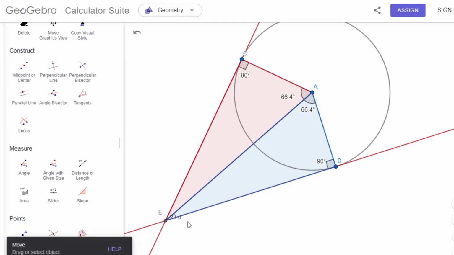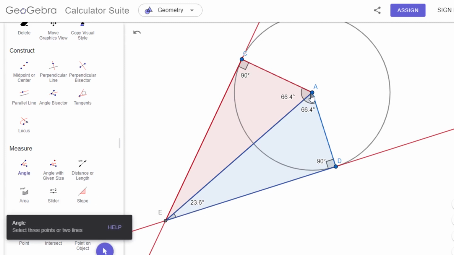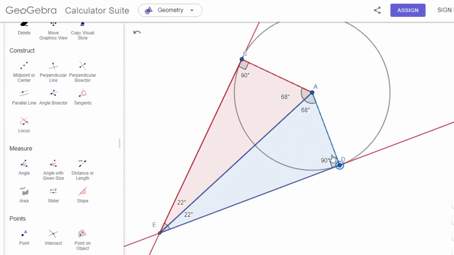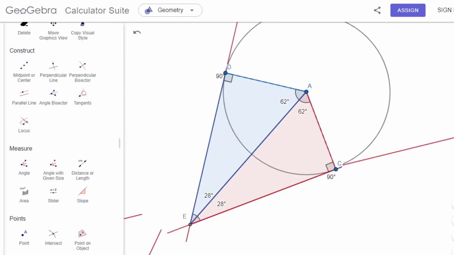If you are told to find angle CEA, you already know that these triangles are congruent. So therefore this angle is equal to this angle. Let us measure it. And as you can see, this is very simple. This is very easy stuff. It also forms 23.6 degrees. So that's all that the theorem means.